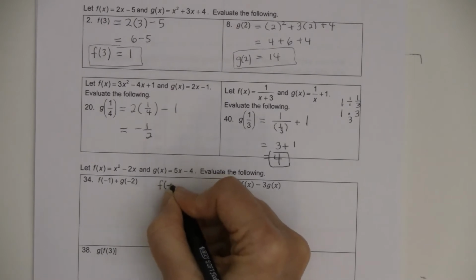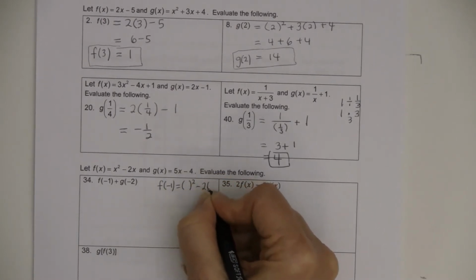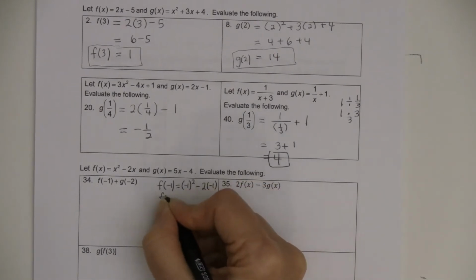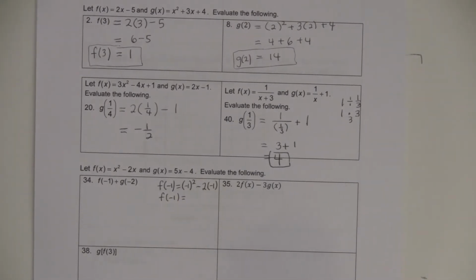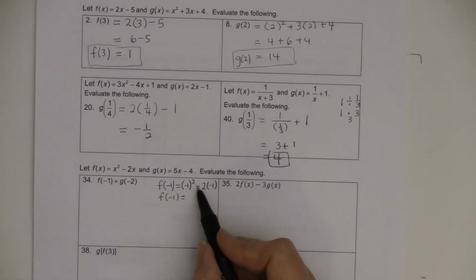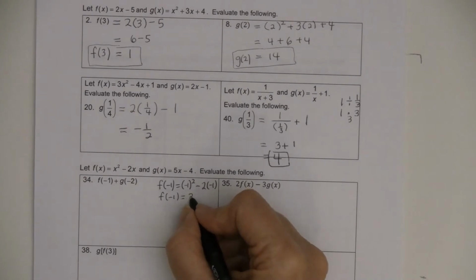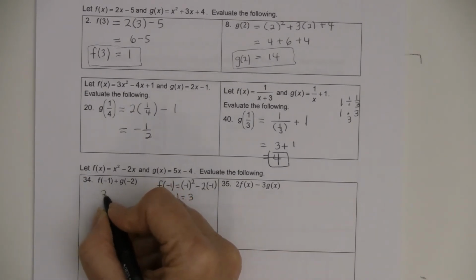F at -1 will equal x squared minus 2 times x, right? So put in -1 there. And so that f at -1 will equal, and you can put that in your calculator or you could do it in your head. That's 1, and then negative times a negative is a positive. 1 plus 2 is 3. So this is 3. So right here where I have f at -1, I'm going to put 3.